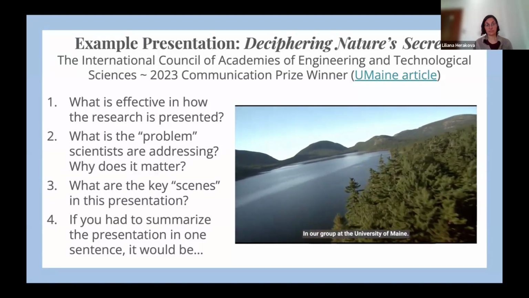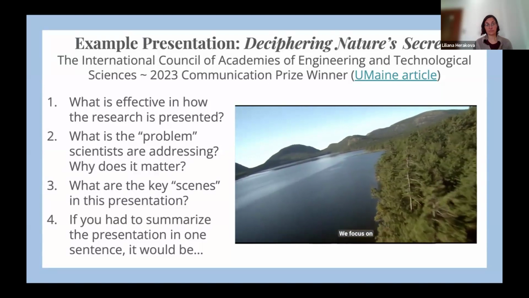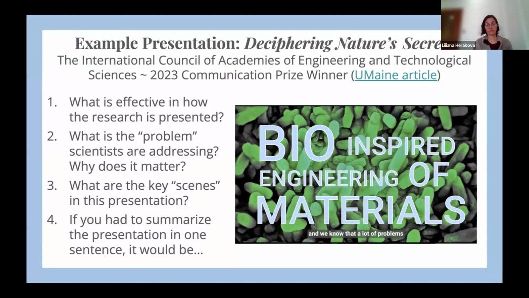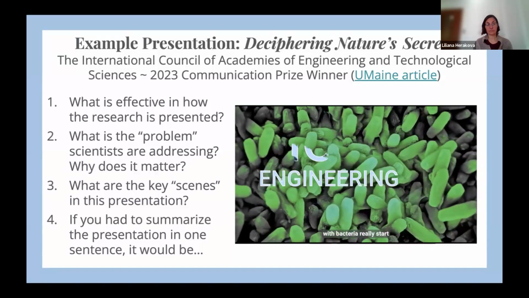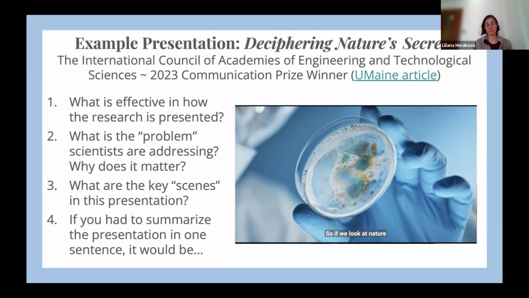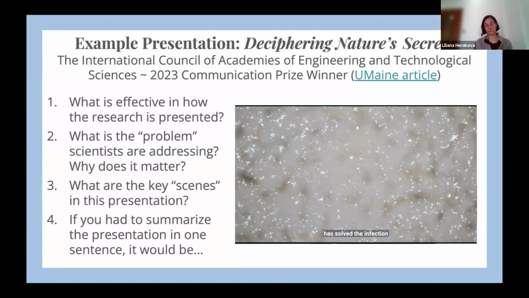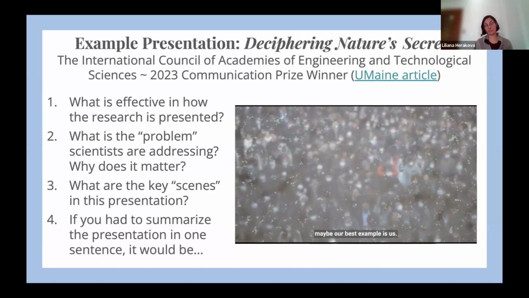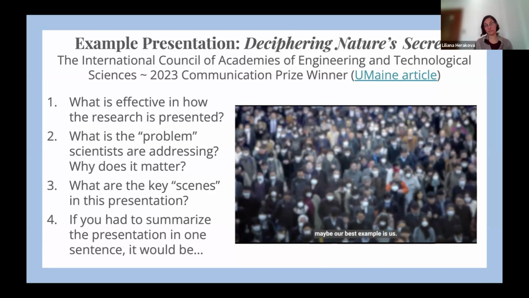In our group at the University of Maine, we focus on bio-inspired engineering of materials. And we know that a lot of problems with bacteria really start when bacteria stick to things. So if we look at nature for an example of how nature has solved the infection situation that we're dealing with, maybe our best example is us.